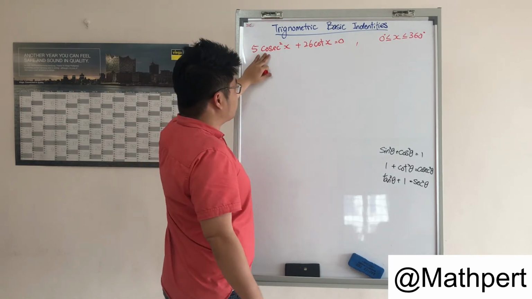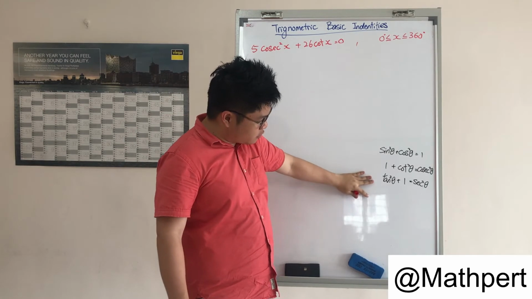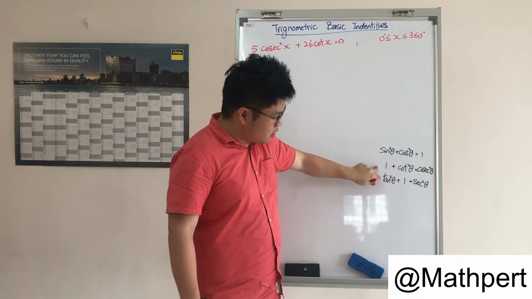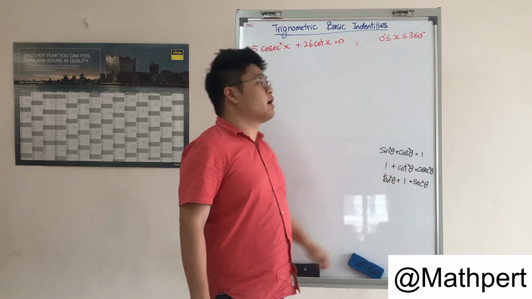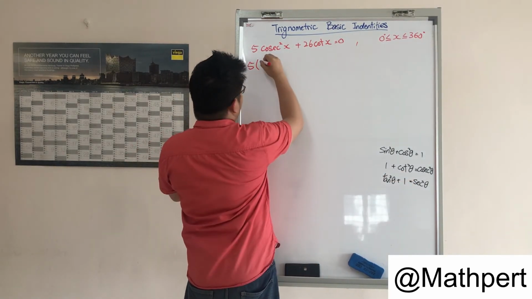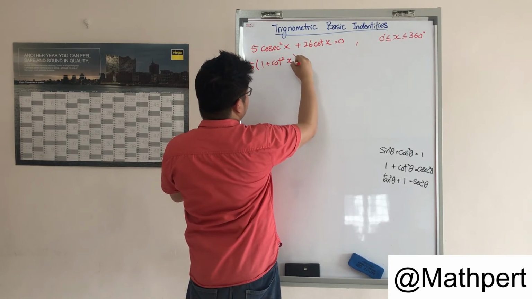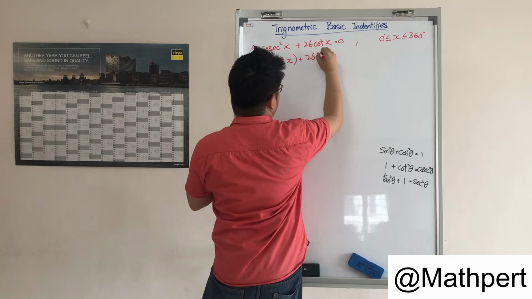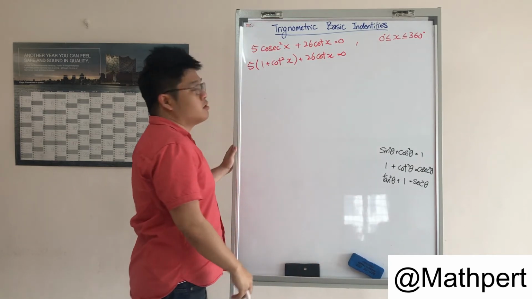For cosecant square, which of these can we use? We can use the second one: cosecant square equals 1 plus cotangent square. So this will be 5 times (1 plus cotangent square x) plus 26 cotangent x equals 0.